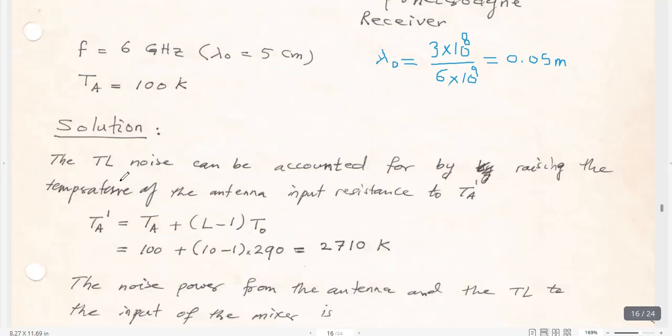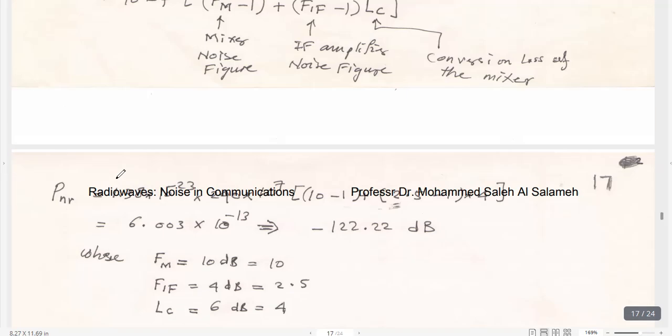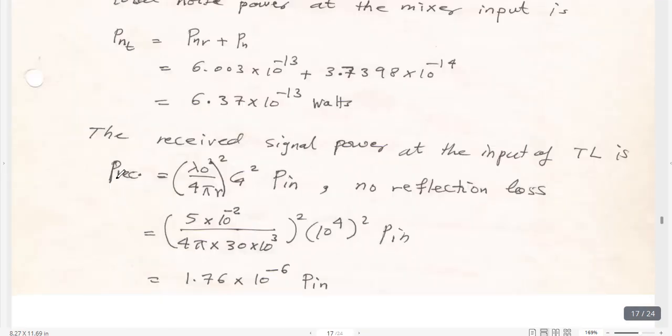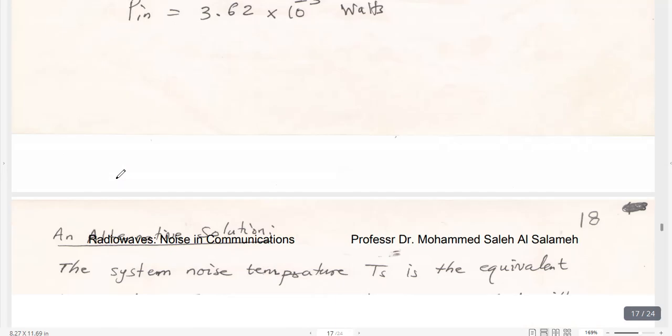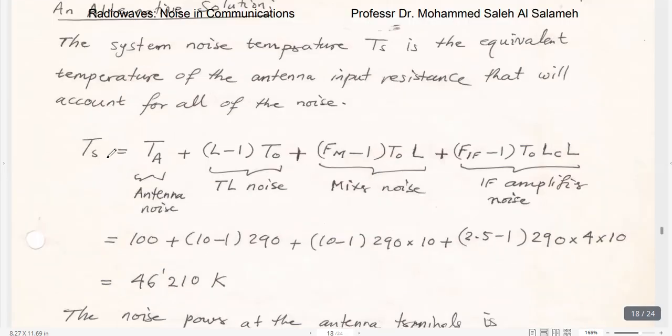Okay, now this is the solution, the simpler and better solution. Here you can see the system temperature directly. We take the antenna as a reference. This is the antenna temperature TA of the receiving antenna.